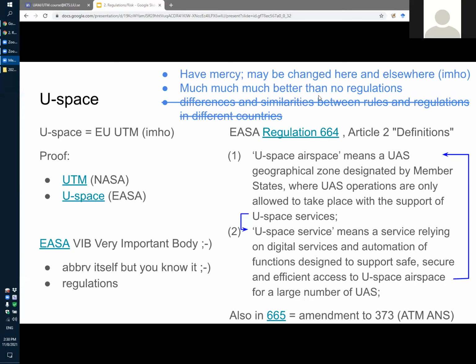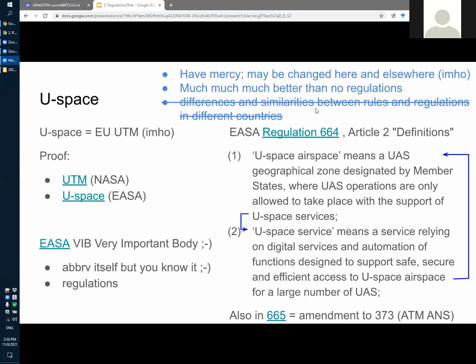One reason why I'm particularly happy about EASA issuing the regulations for Europe is that in this course, and in general, I don't have to look at the different similarities between all these rules and regulations in different countries, which is in the description of the course. And if you really want to go and see elsewhere in the world, in the US, Japan, and Canada, how things are different from the EU, that's fine.